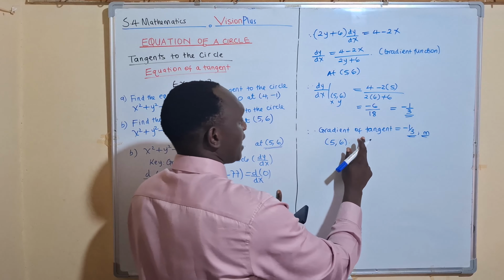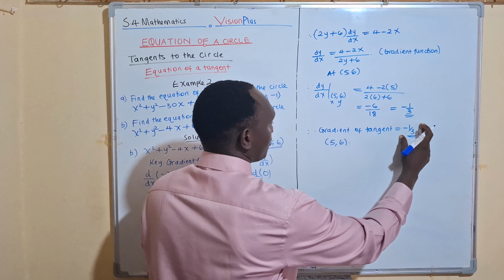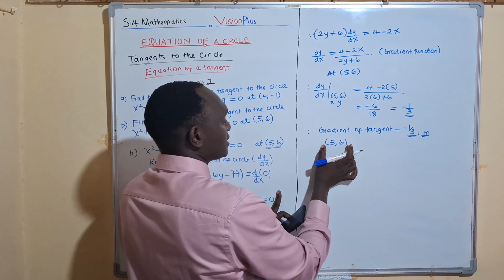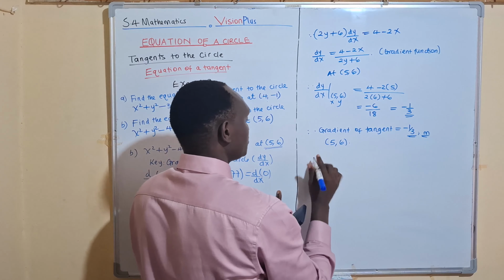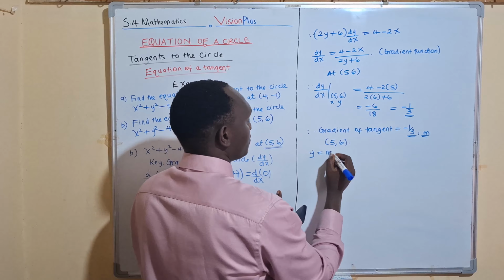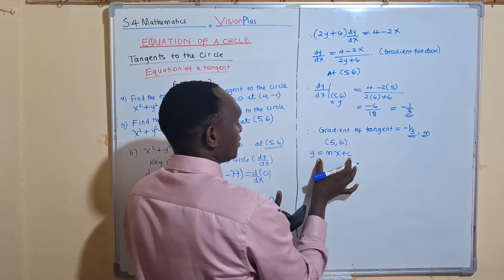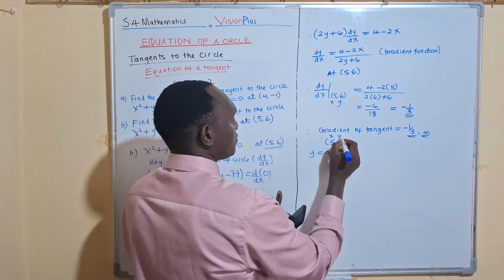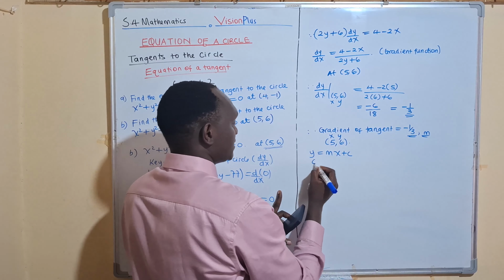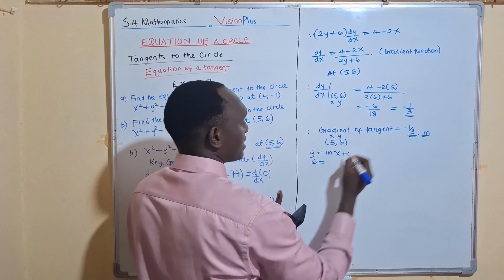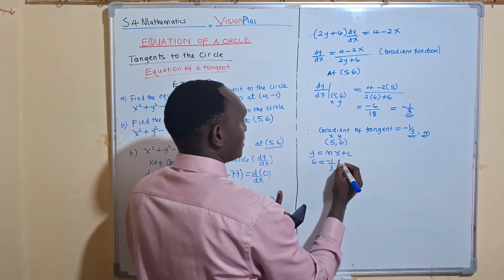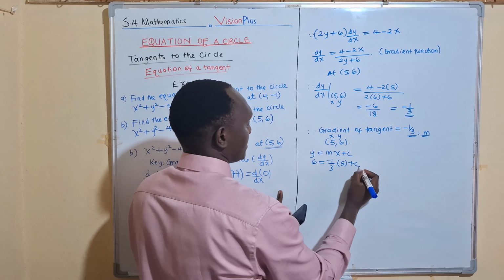So you have a line with a gradient of -1/3 and a point on it as (5, 6). So you can just say y equals mx plus c. This is the equation of the line. This is x, this is y. Substitute for them. That means 6 equals m, the gradient, -1/3 times x, which is 5, plus c.